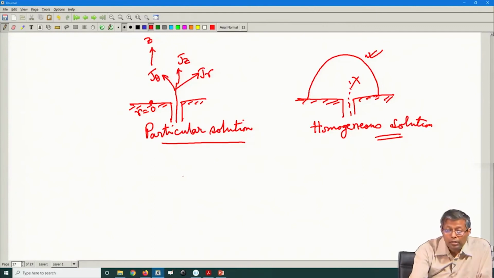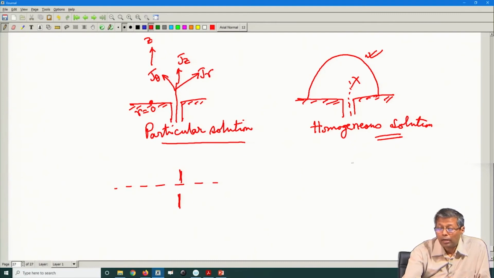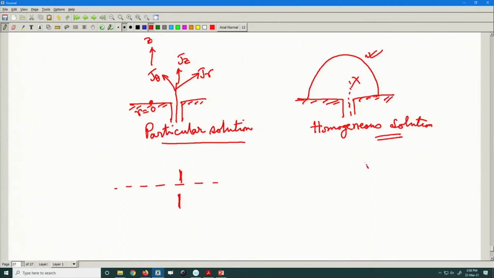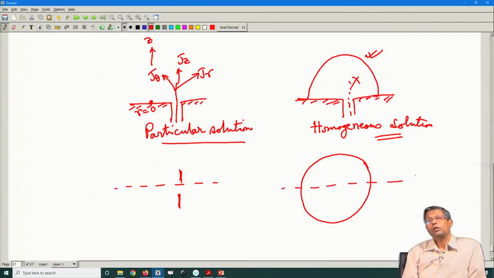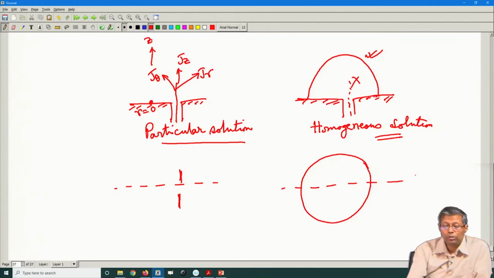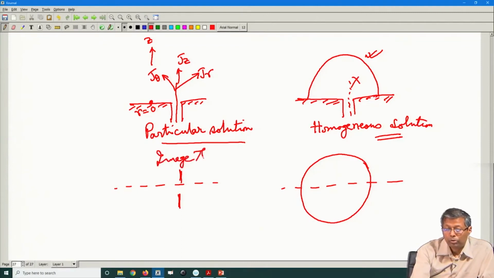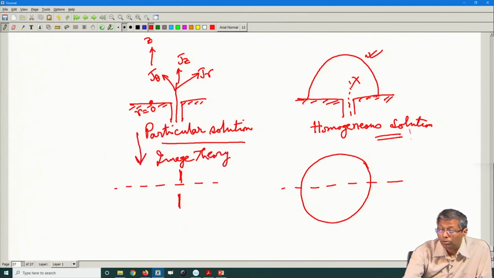In reality, this is the particular solution, applying image theory, removing the ground plane, and this is the homogeneous solution, removing the ground plane and applying image theory. So, this is after applying image theory.